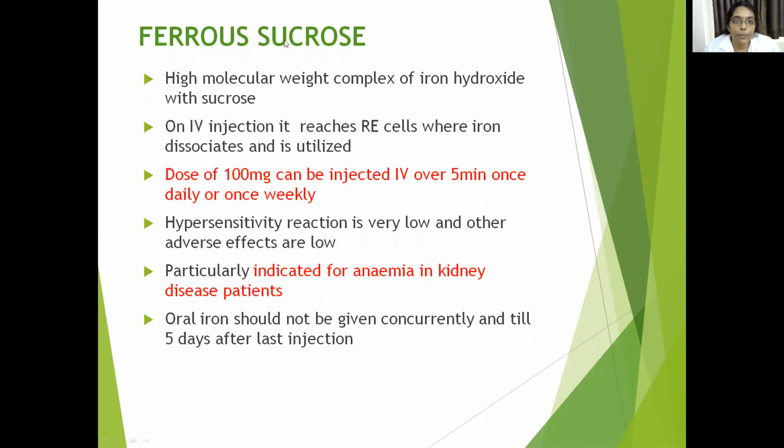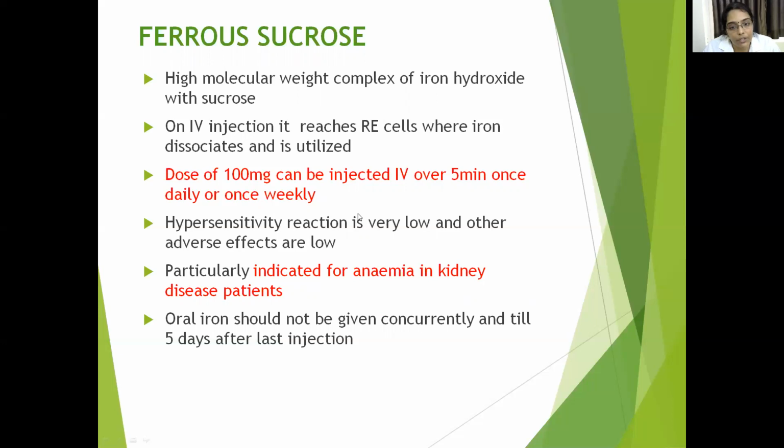Now coming to the other preparations, iron sucrose. It is a high molecular weight complex of iron hydroxide with sucrose. On IV injection, it reaches the RE cells where iron is dissociated and utilized. Dose is 100 mg, can be injected IV over 5 minutes, once daily or once weekly. Hypersensitivity reactions are very low.